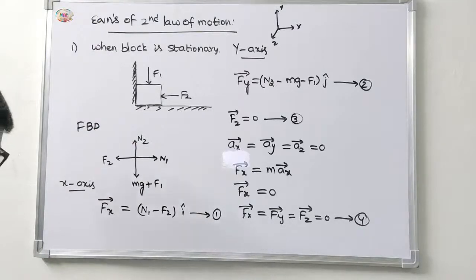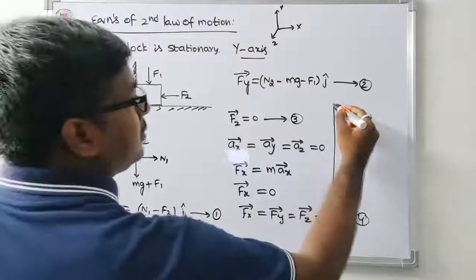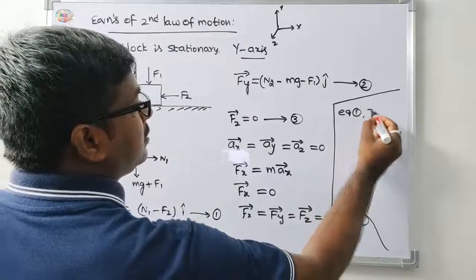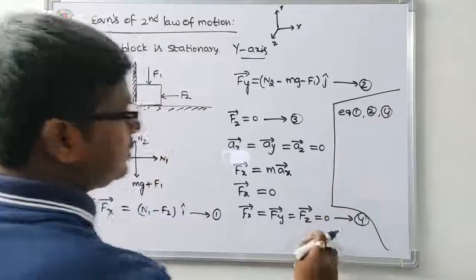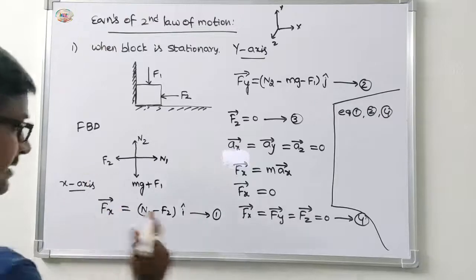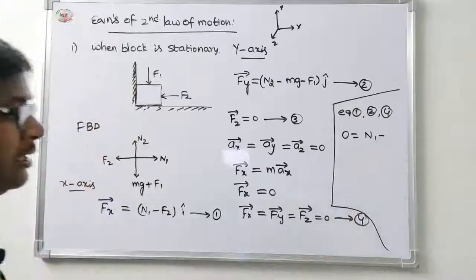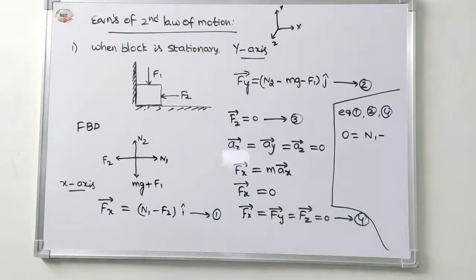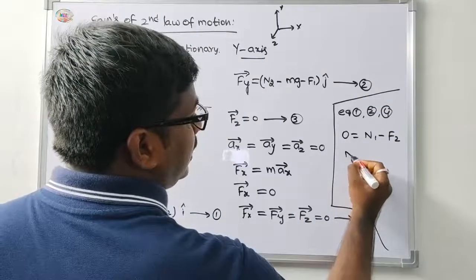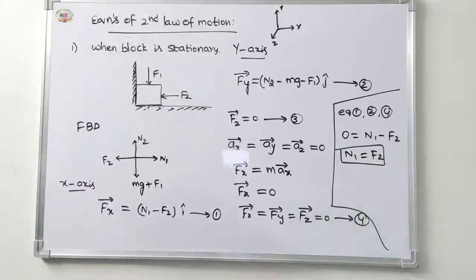From equations 1, 2 and 4 we get Fx is equal to 0, so 0 is equal to N1 minus F2, then N1 is equal to F2.